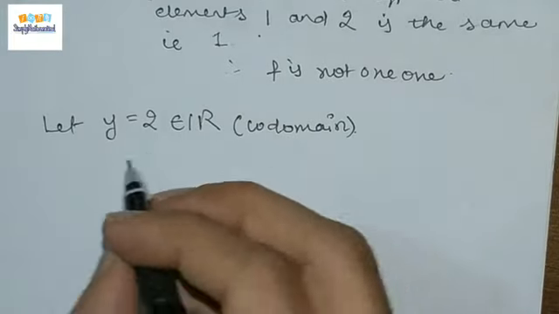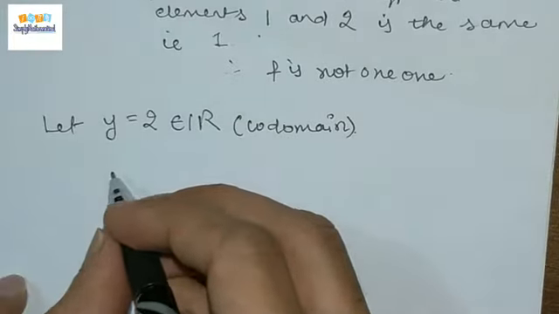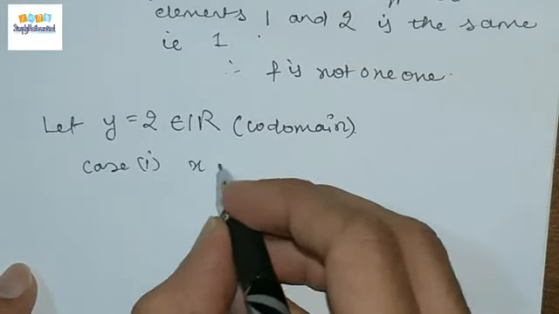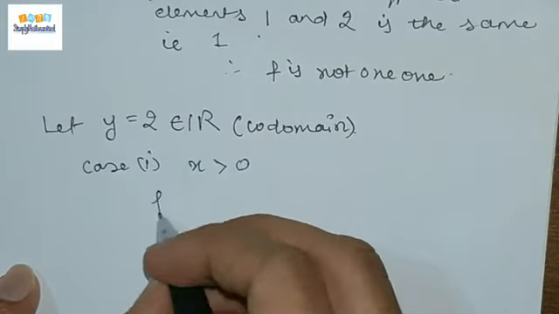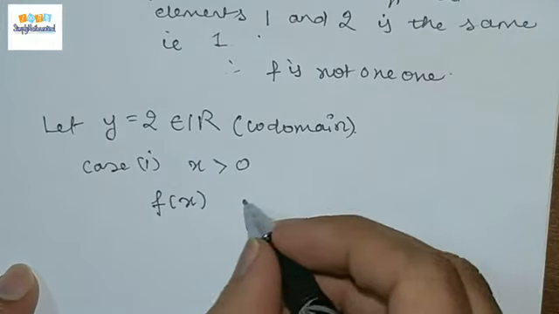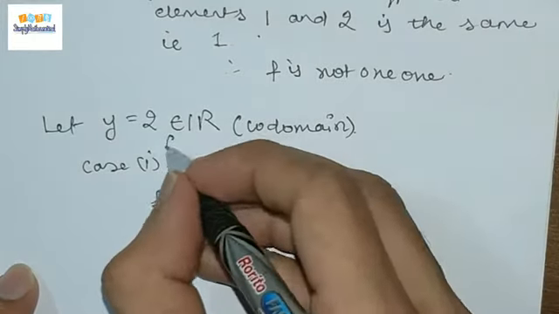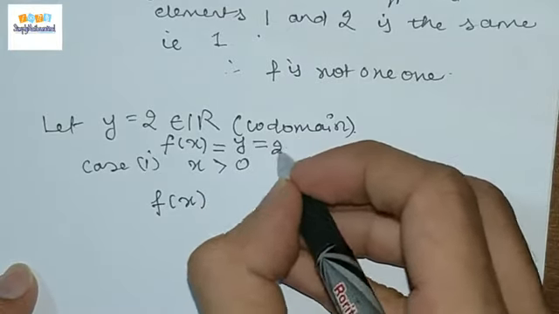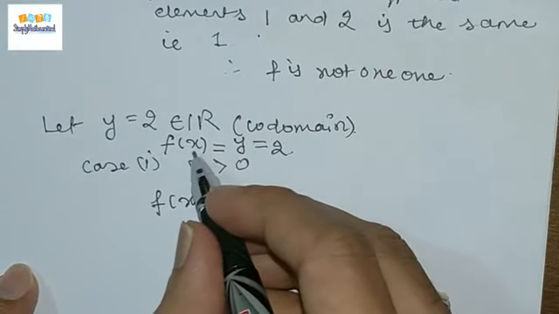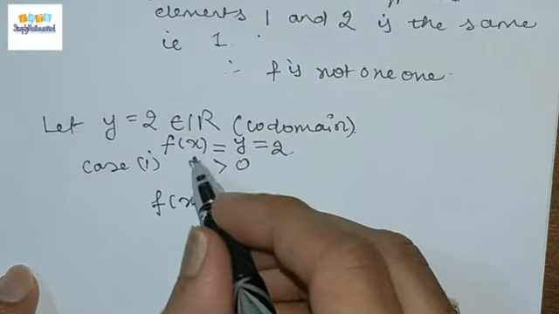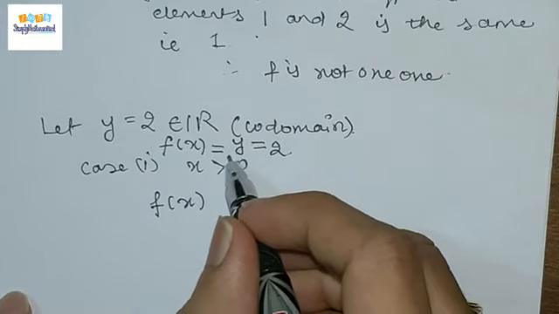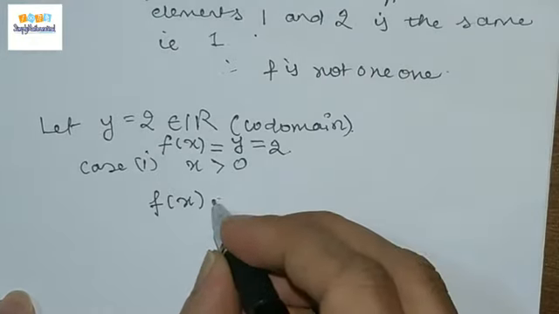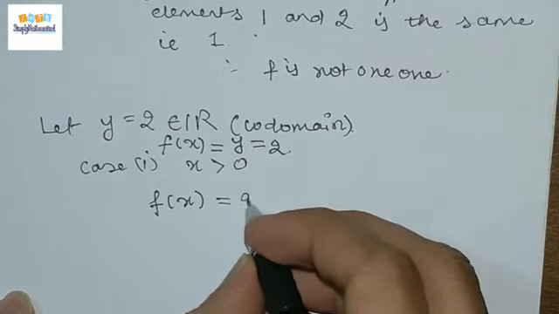Now you can see that, case 1, when x is greater than 0, what is f at x? Suppose we want to find x such that f(x) is equal to y, which is 2. So f(x) is equal to 2.